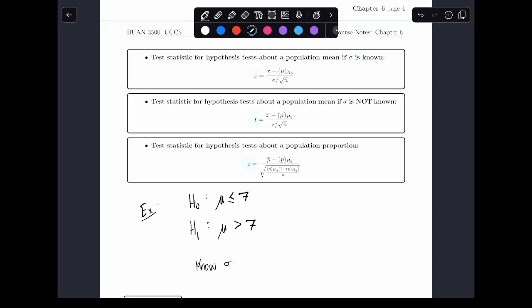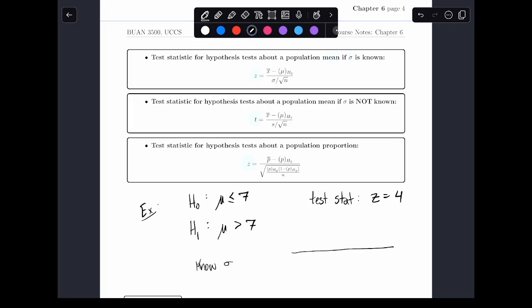Then I would be able to find my z-value, my test statistic, and let's say I got a z-value that was really big. So let's say, maybe 4. So that is quite a few standard deviations away from the mean.